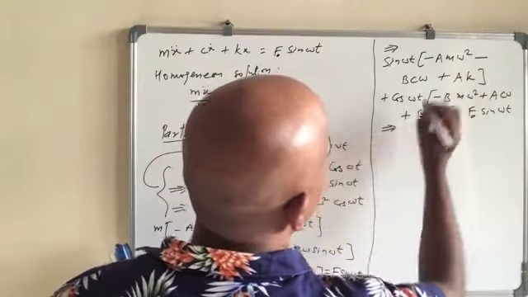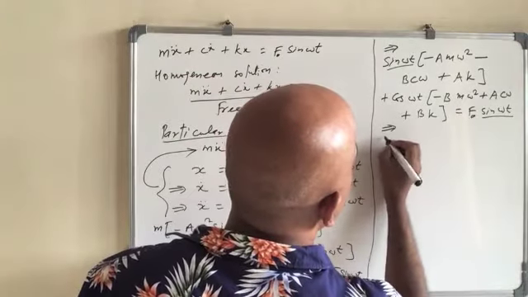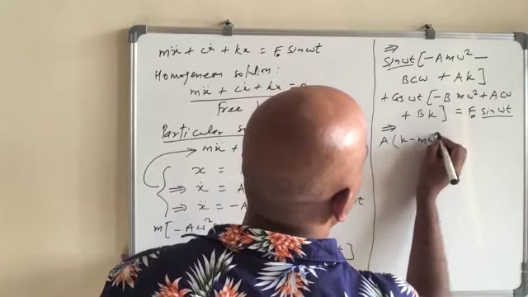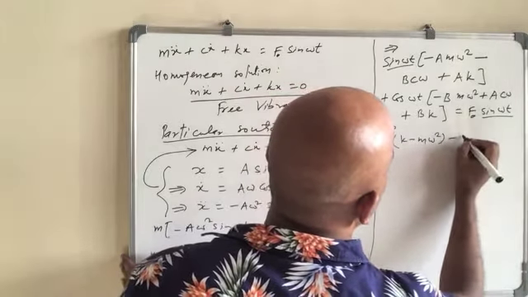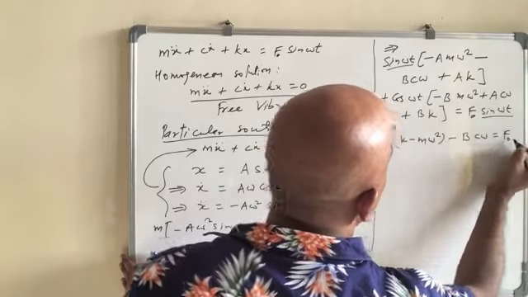We get simply the coefficient of sine omega t: a times k minus m omega square minus b c omega equals f naught.